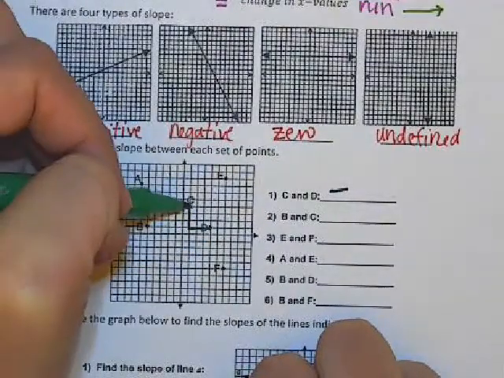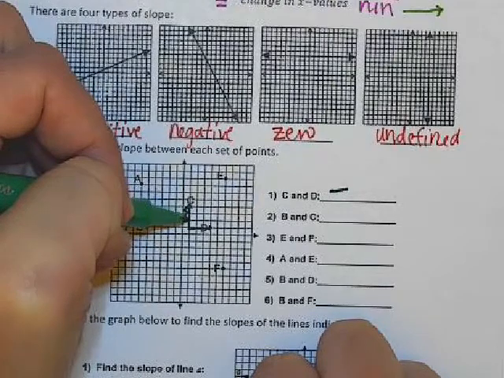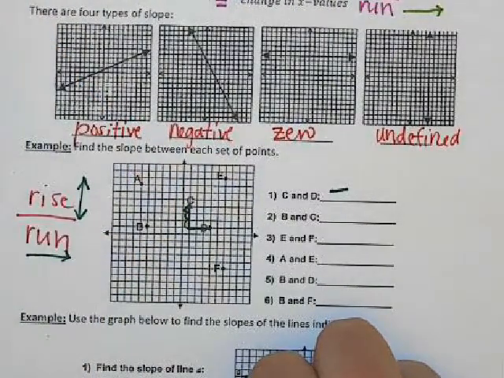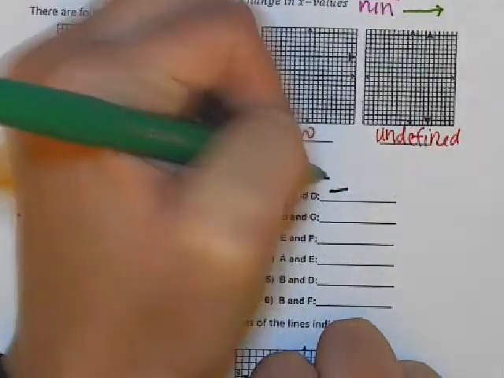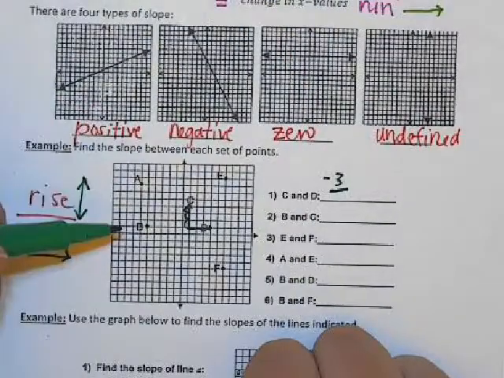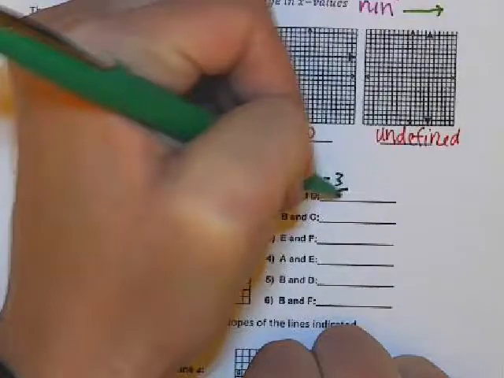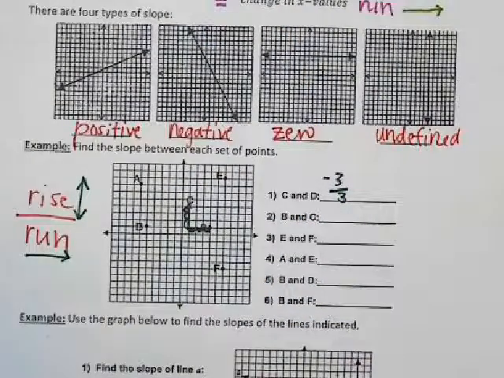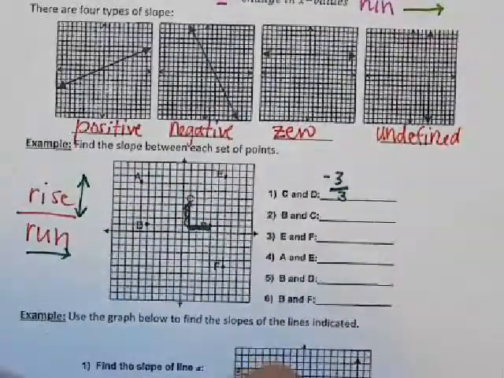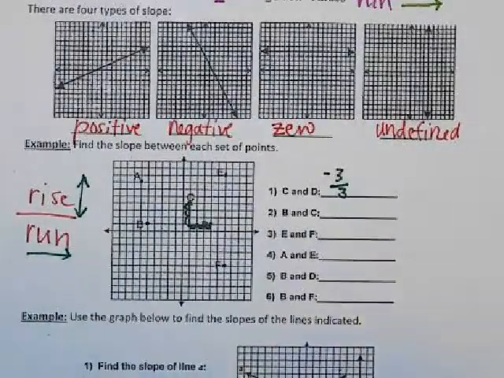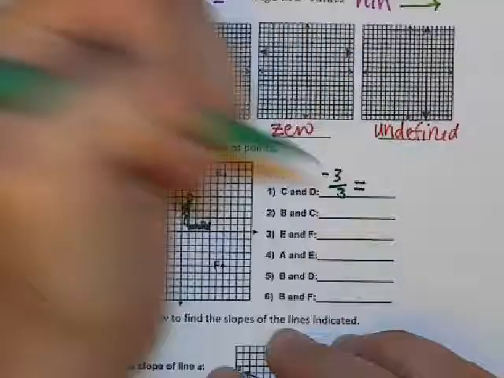Because I'm going down, that's going to make my slope -3. So -3 on top. And then I run to the right: 1, 2, 3. And that goes on the bottom. Can I reduce -3 over 3? Yes, and that equals -1.